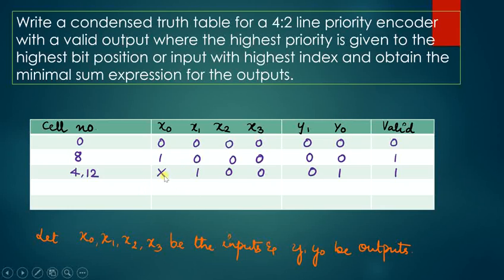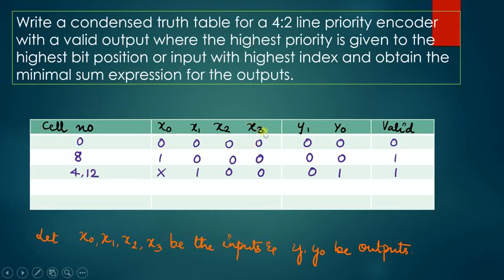For the second case, I have x1, 0, 0. I have represented it this way because I am giving highest priority to the highest bit position, or the input with the highest index.